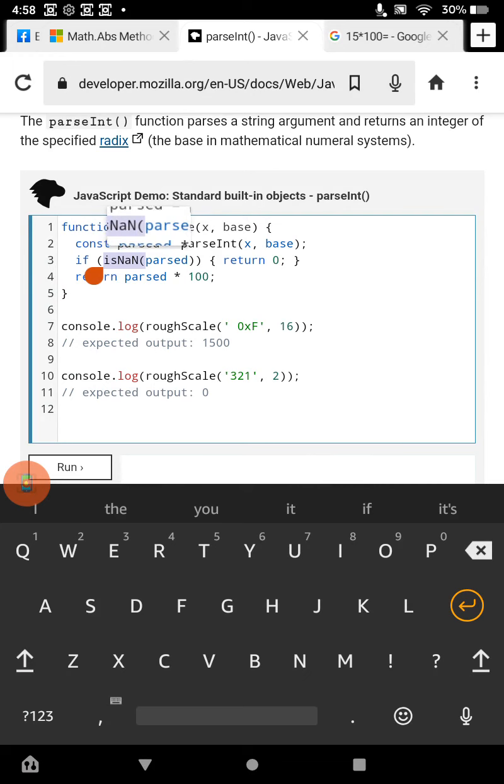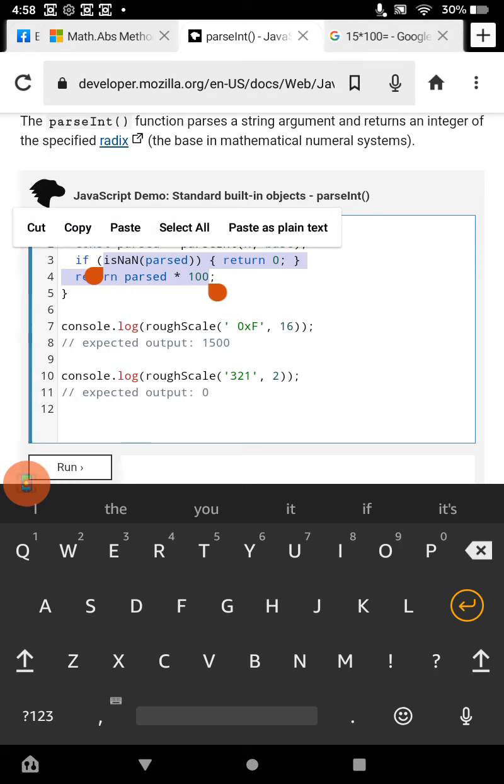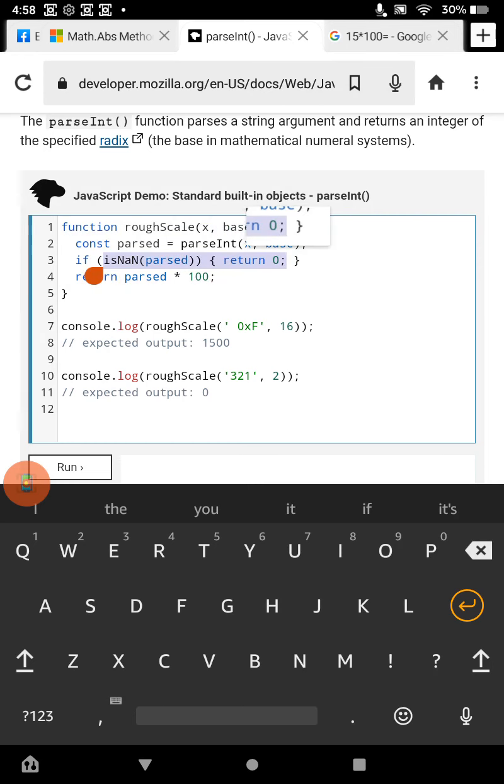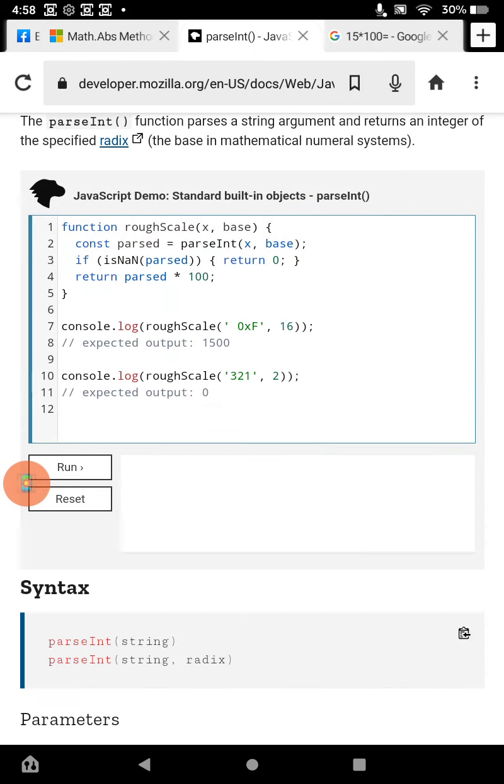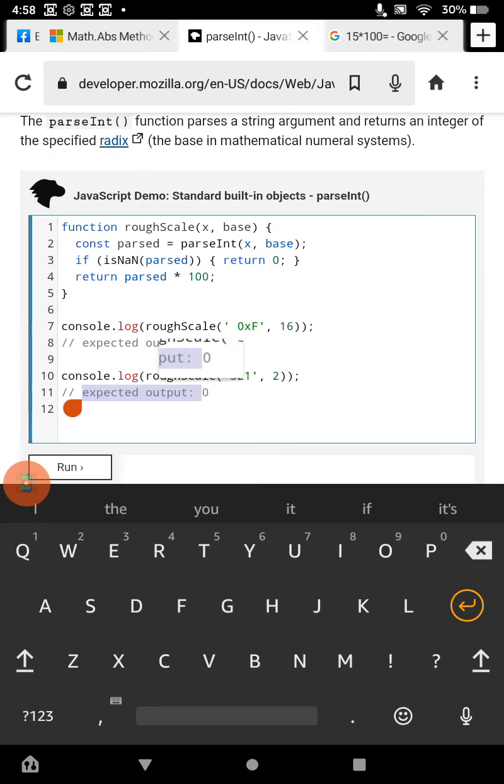If it was not a number parsed, it would return 0. The reason it's returning 0 here, as the expected output, is because the programmer knew that they were passing base 2 instead of base 10. See, this is base 10, not base 2.